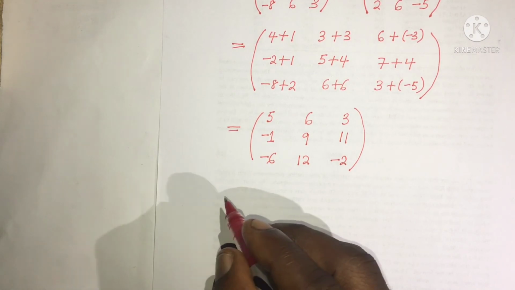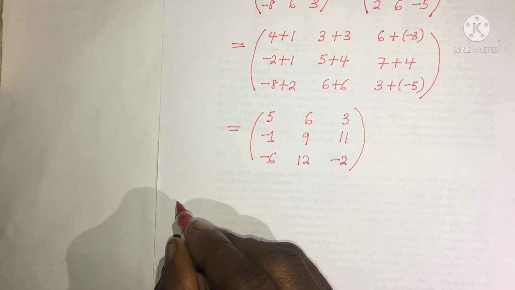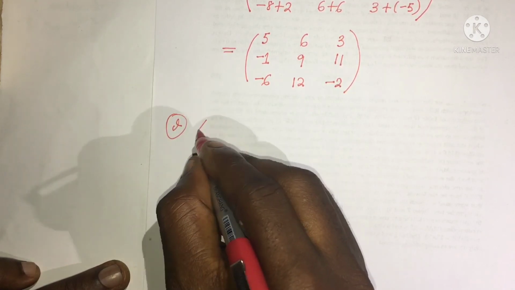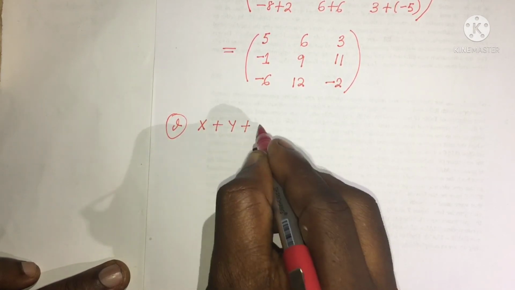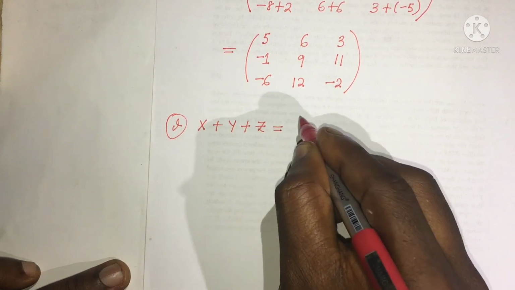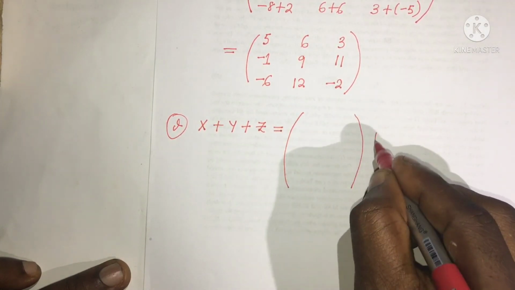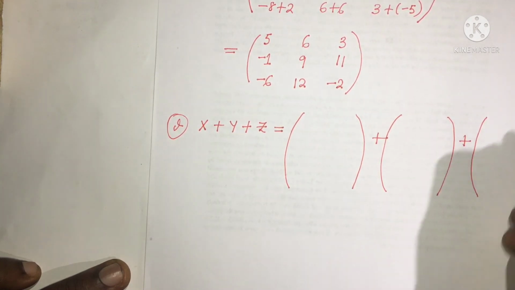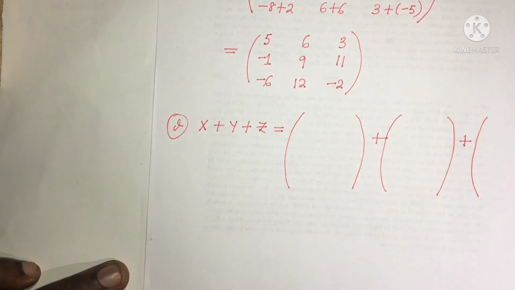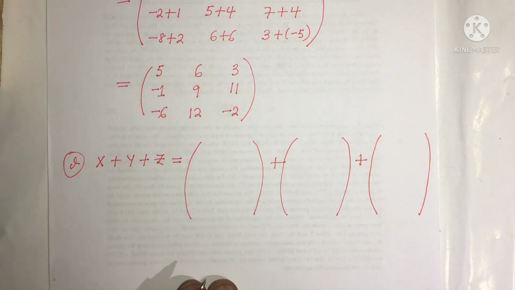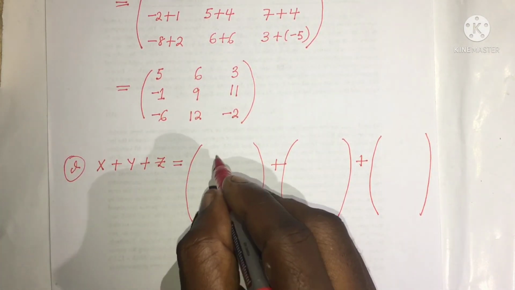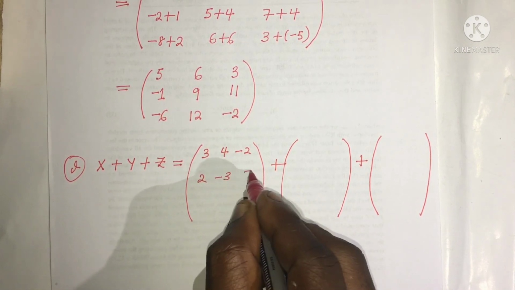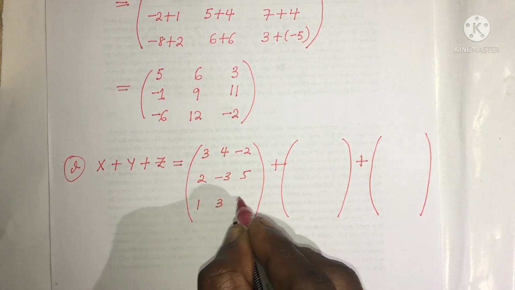The last problem we are going to solve is problem D. Problem D requires that we add X to Y and to Z. So I'm going to write the three matrices, X plus Y plus Z. The matrix X is 3, 4, minus 2, 2, minus 3, 5, 1, 3, and 2.